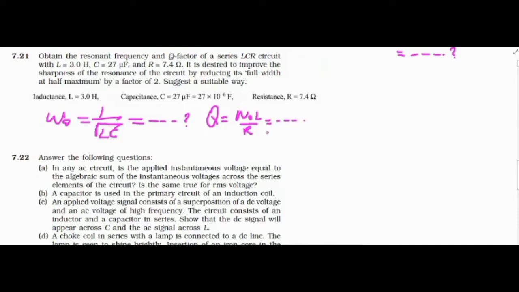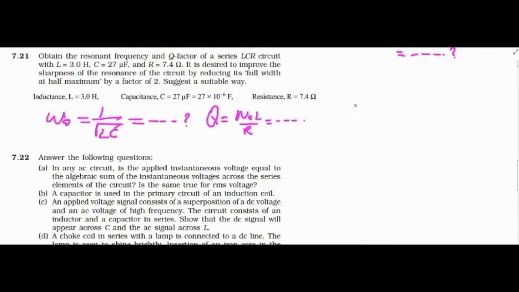Then there is a second part. It is desired to improve the sharpness of the resonance of the circuit by reducing its full width at half maximum by a factor of 2. Suggest a suitable way.